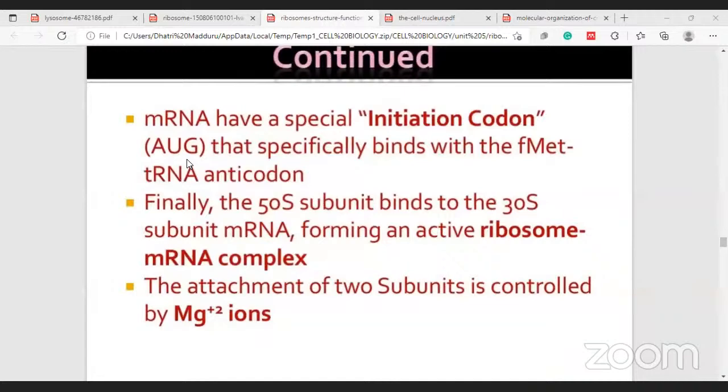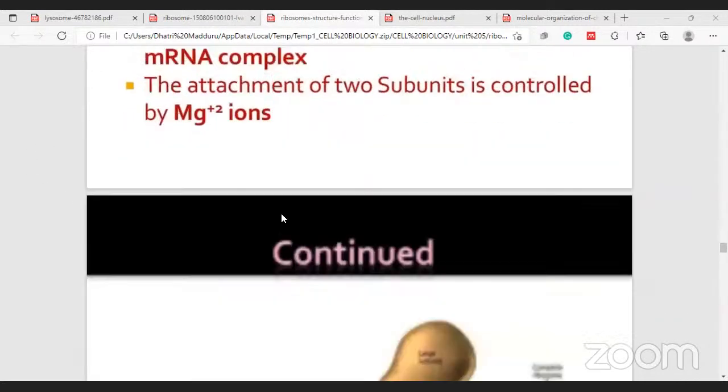This binds with the anticodon of this modified F-met tRNA. When this initiation signal starts, the 50S ribosome subunit will bind to the 30S subunit and form the active ribosome mRNA complex. This attachment is controlled by magnesium ions.